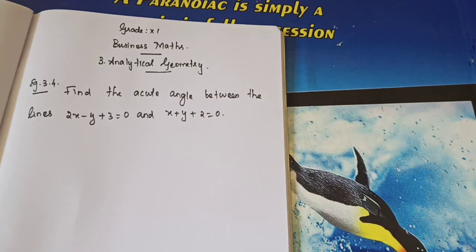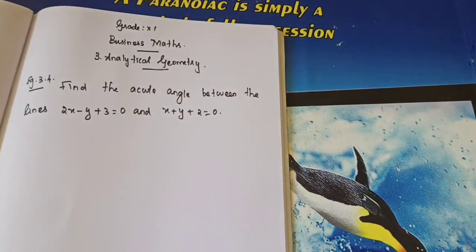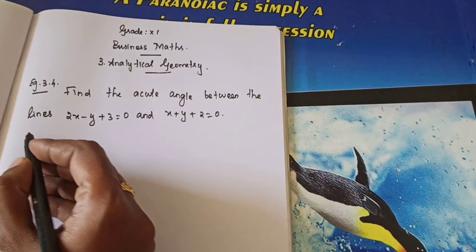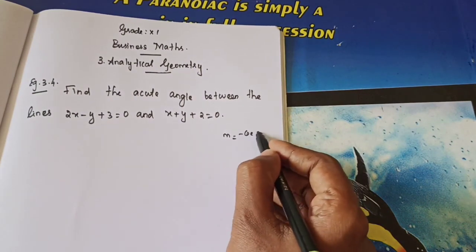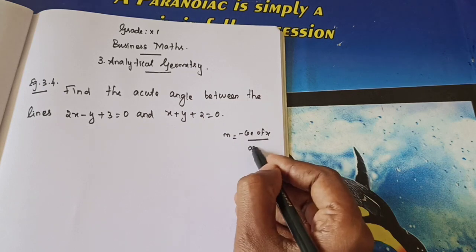Last year you learned, if the equation is given, how will you find the slope? Minus coefficient of x divided by coefficient of y.